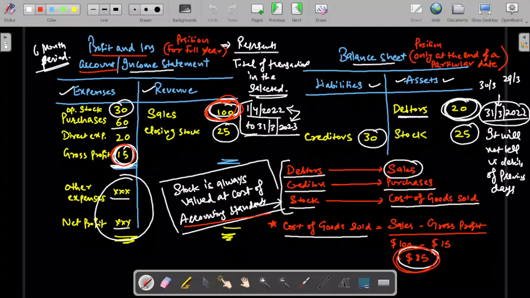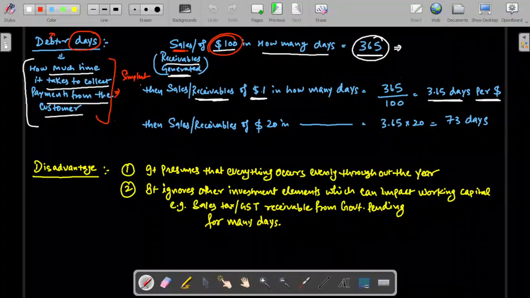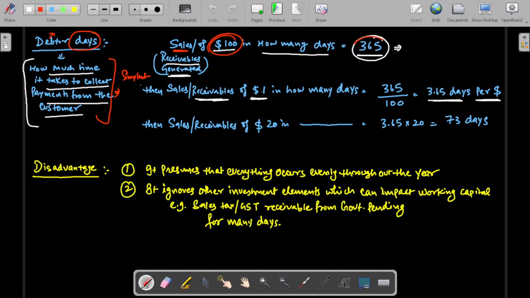In our example, it is prepared for the whole full year. So $100 receivables are generated in 365 days. How many days will it take to generate $1 worth of receivable? It will take around 3.65 days.